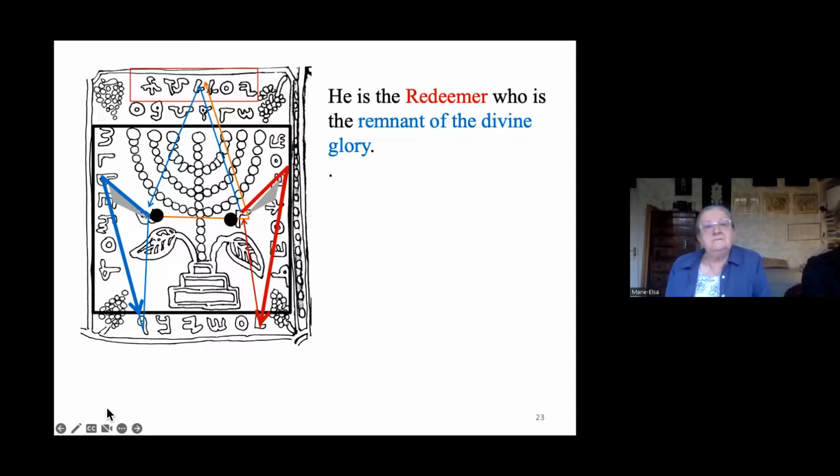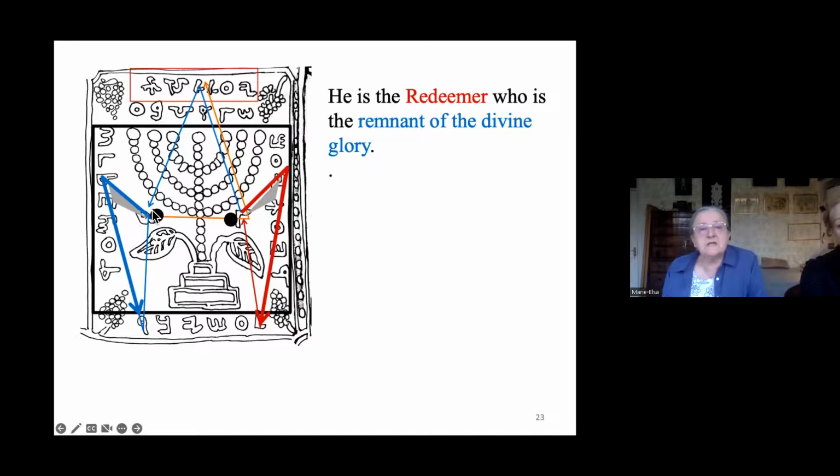Then, if you look at these lines in reverse, you have the red one, and you start again by the black dot. You follow it up and down again. Remember, it's the same as the one that said son. This one says Redeemer.